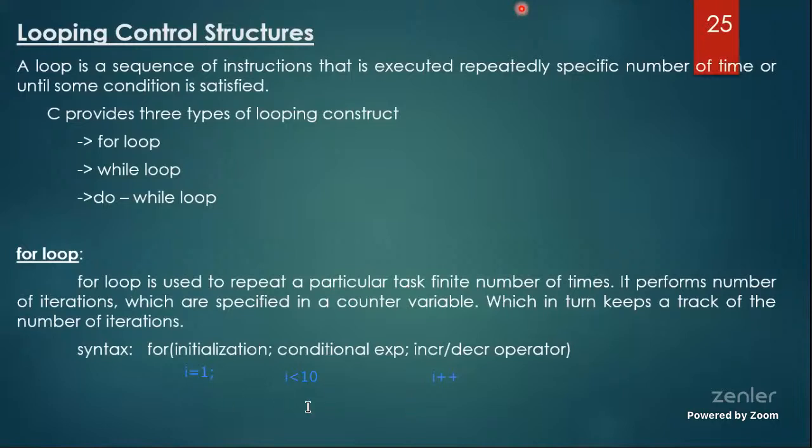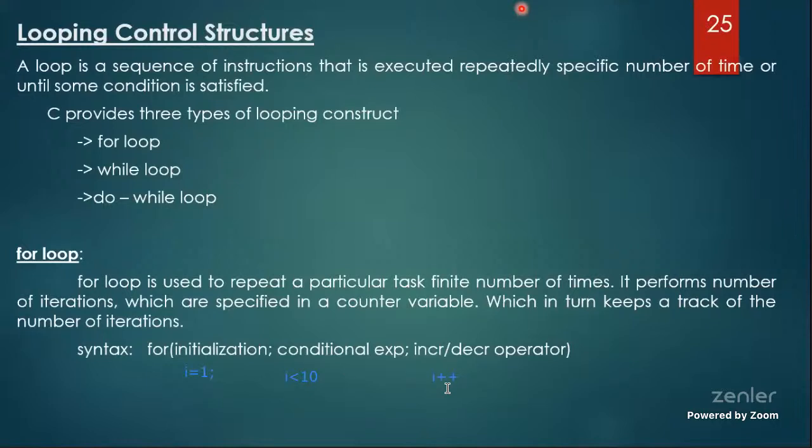You can observe here, I just want to print my name 10 times, so I have to give this condition, meaning I have to start from number 1 to 10. It's not enough if you just apply I is equal to 1 and the condition. Next you have to increment the value.